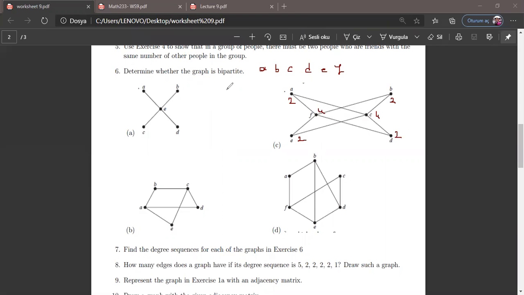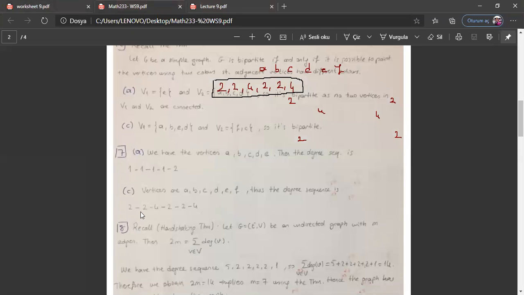So the sequence is A, 2, B, 2, C, 4, D, 2, E, 2, F, 4. So this is the degree sequence of this graph: 2, 2, 4, 2, 2, 4. You see, I didn't make a mistake here.